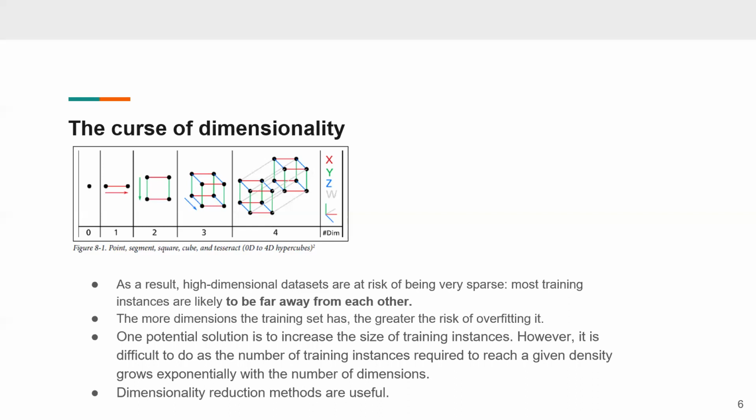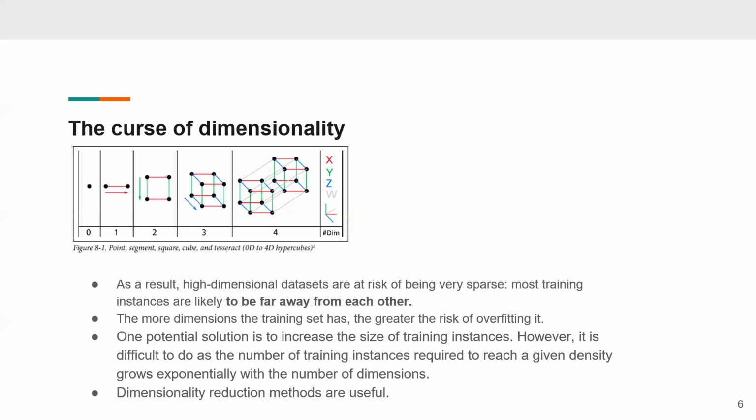In a higher dimensional space, we want to increase the number of instances or observations in our training sample to compensate for the fact that the points are so sparse and far away.